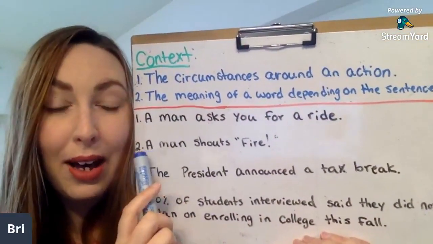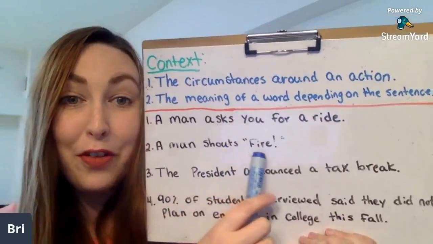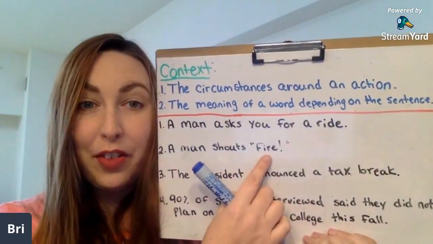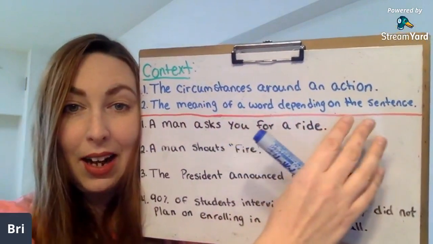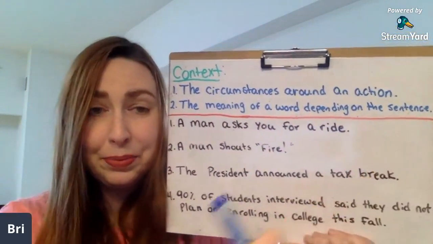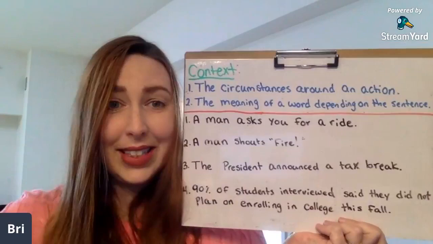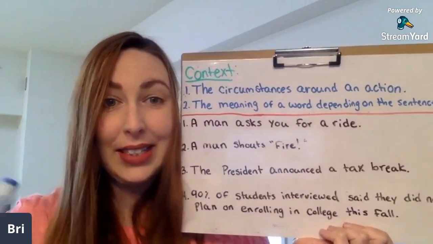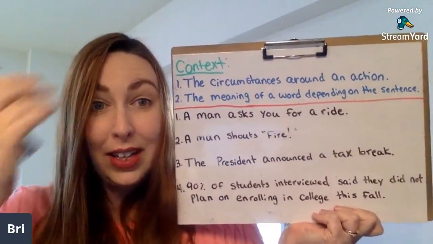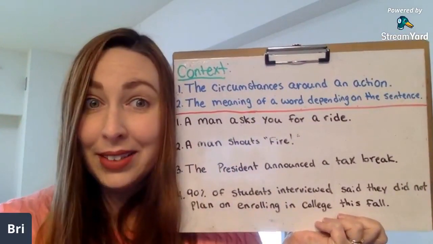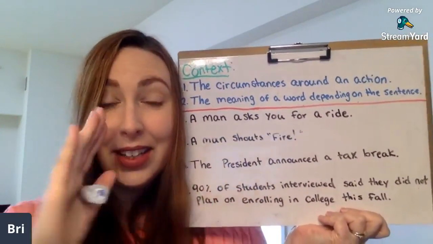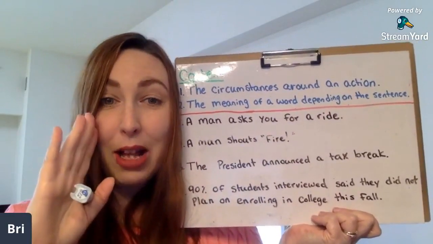Number 2, a man shouts fire. So this one, fire, this might be the meaning of a word depending on the sentence, right? So what is the other part of the sentence? A man shouts fire. So is this man in a burning building? Is it actually a fire? He says, fire, fire, help.